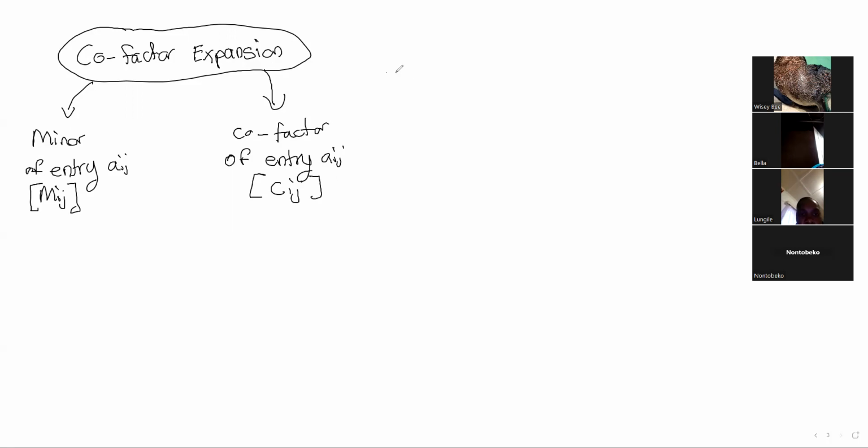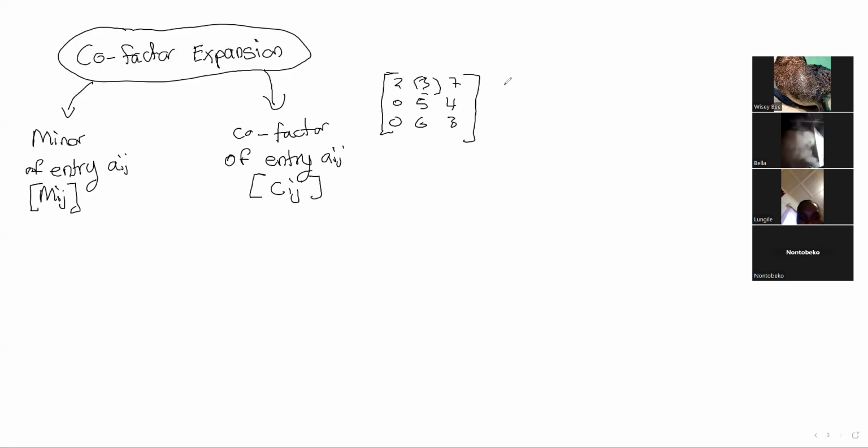So imagine we have some matrix, just a random matrix, 3, 5, 6, 7, 4, 3. An entry would be one of these. The ij just means, for example, let me highlight 3.